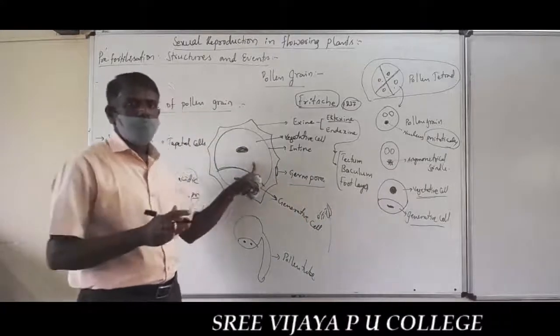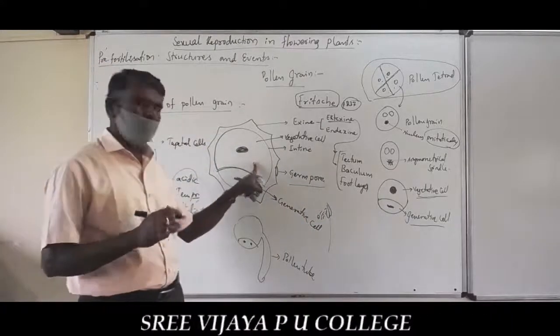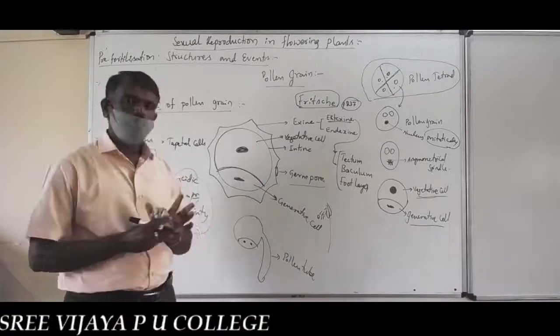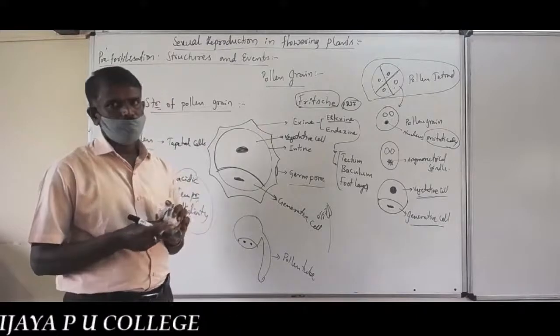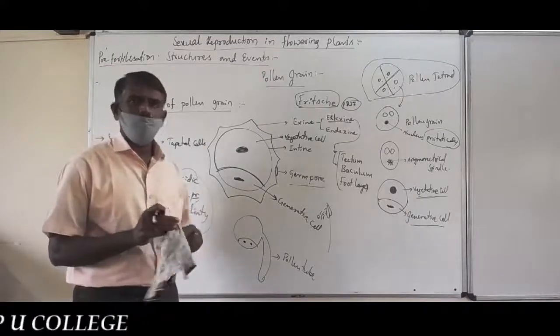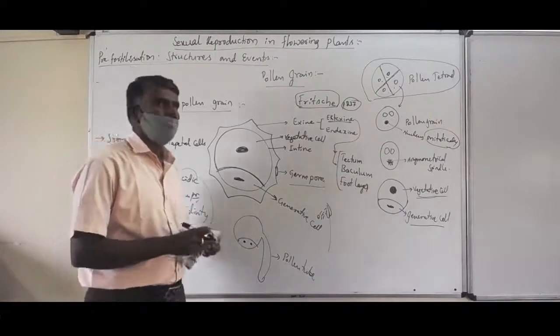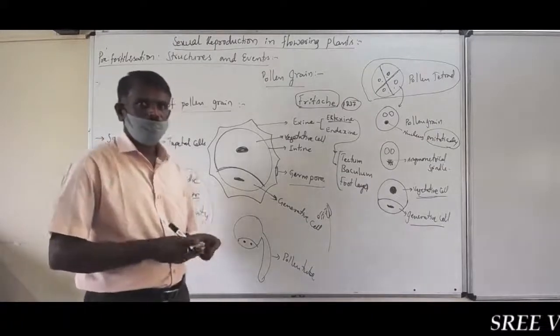Each pollen grain normally produces a single pollen tube. Under exceptional conditions, three pollen tubes may emerge, as in Catharanthus roseus.